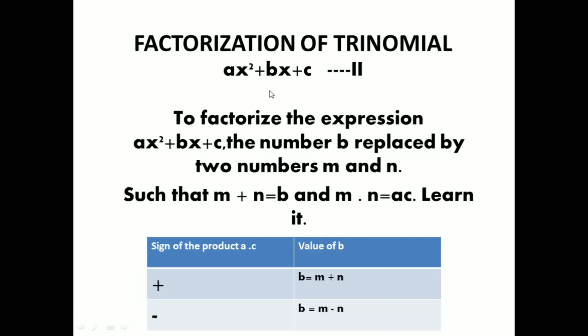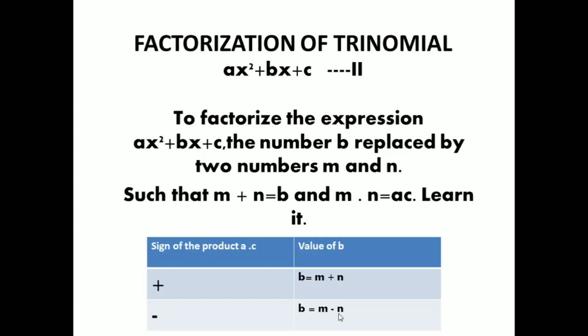If you multiply a and c and you get a positive value, then we will get the middle one b by adding the two numbers, m and n. And when the product of a and c is negative, here is negative 1, then we will get this b by subtracting the two numbers m and n.